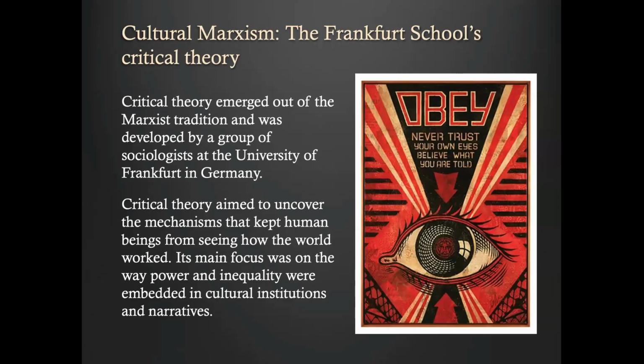Well, the critical theorist wanted to unpack the power and inequality at the heart of all of those stories. And if you look, you'll see it. You might not see it until you look, but if you look, you'll see it. The way that power works its way through those institutions in exploitive and oppressive ways.